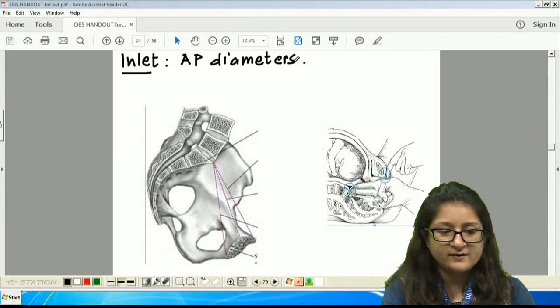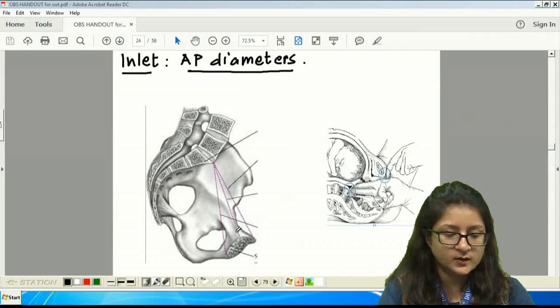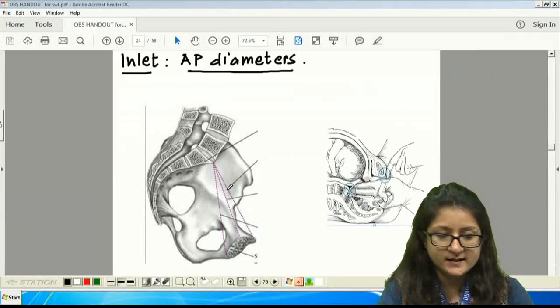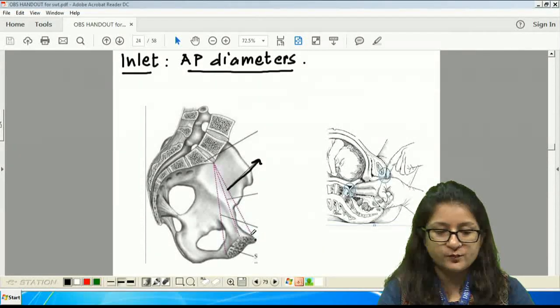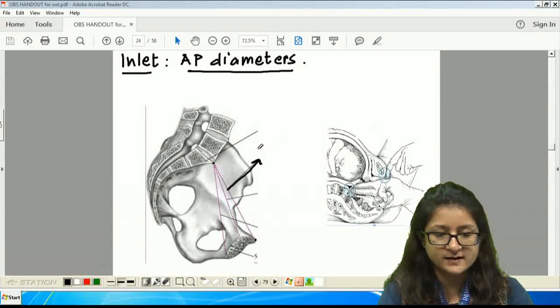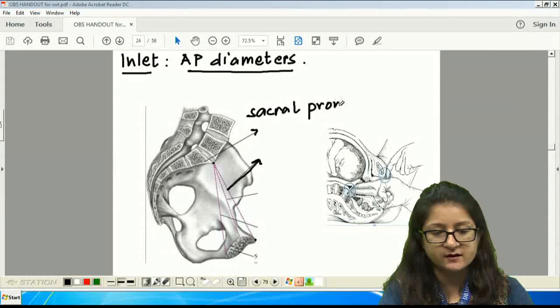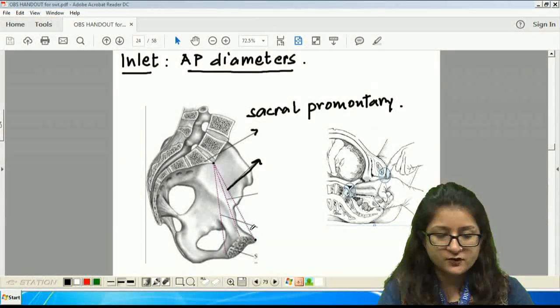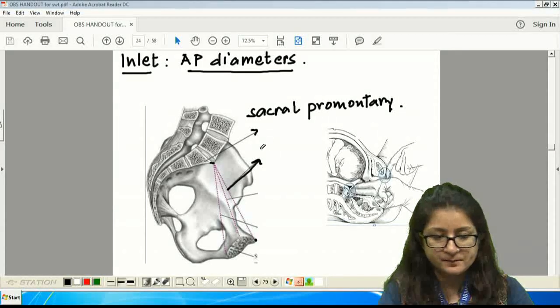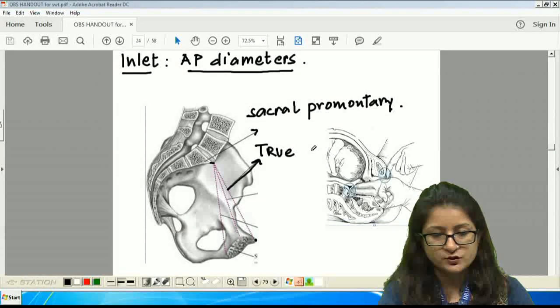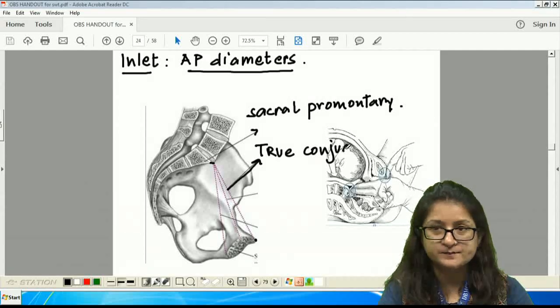When we're talking about the AP diameters, this diameter extending from the tip of the symphysis pubis to the sacral promontory, here is the sacral promontory, is the true conjugate.